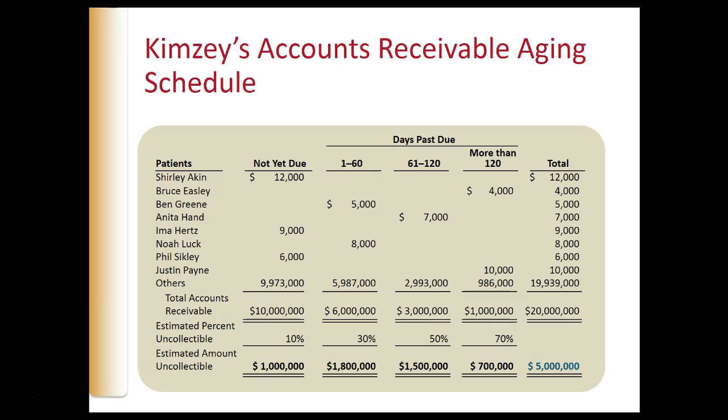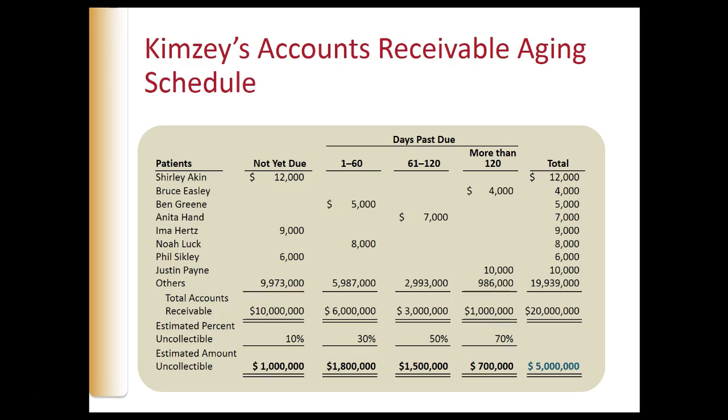Using the aging method to estimate future uncollectible accounts should be more accurate than applying a single rate of 30%, say, to the entire amount of accounts receivable, as was done previously. The reason is that accounting for the age of each account should more accurately predict the probability of the account balance not being collected.